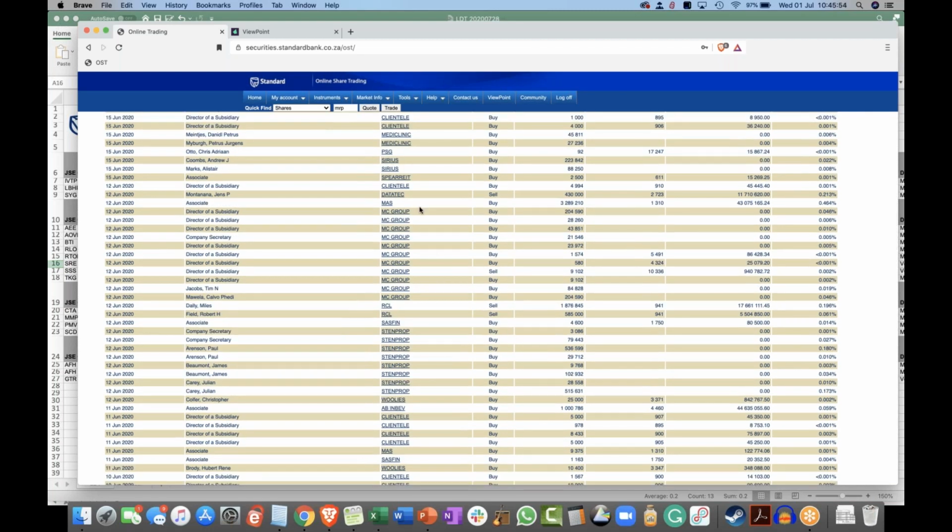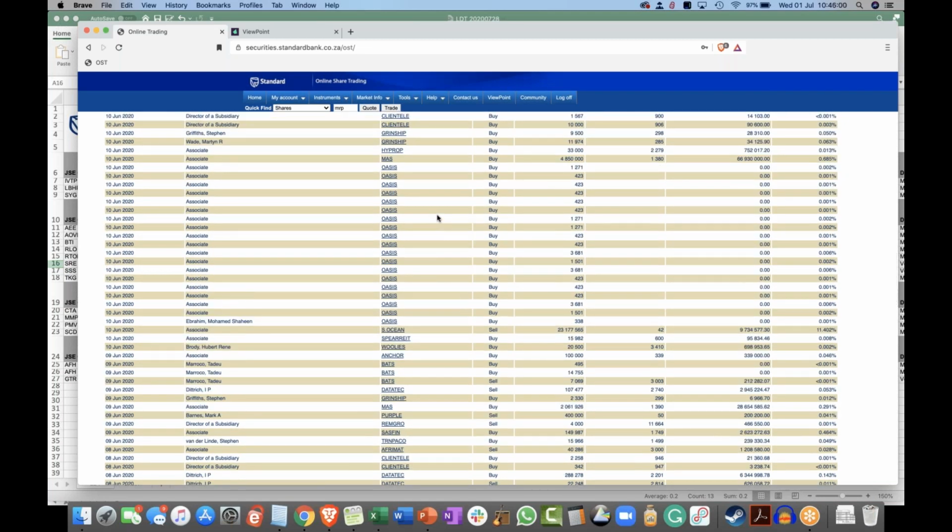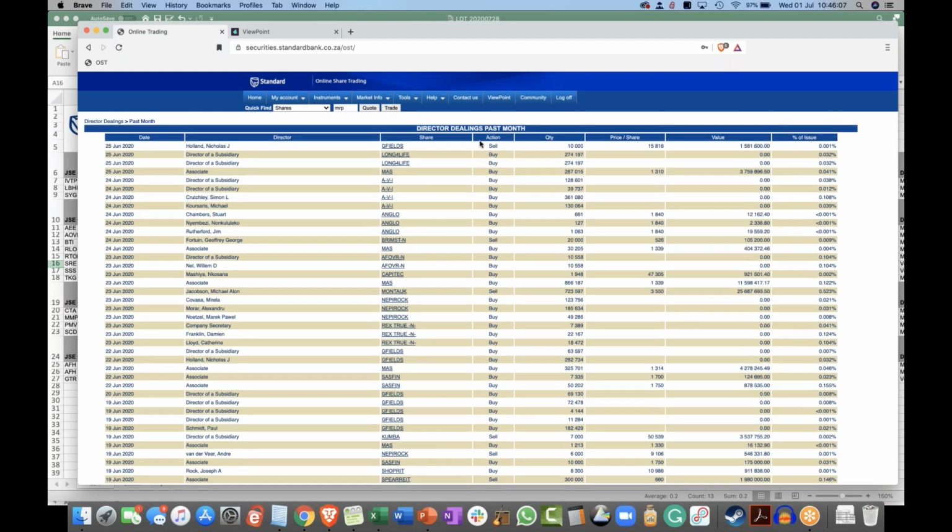A lot there from Mr Price, a lot there from Oasis, and in many cases, we're actually going to have to jump in to find the details. And what I mean by that, let's look at this one here, Long4Life. Bought 274,000 and value zero. Okay, how did they buy them for zero?